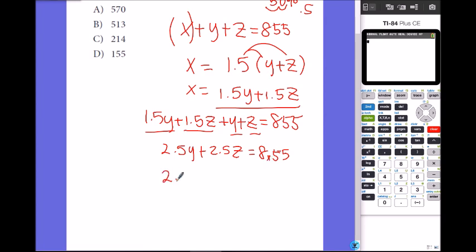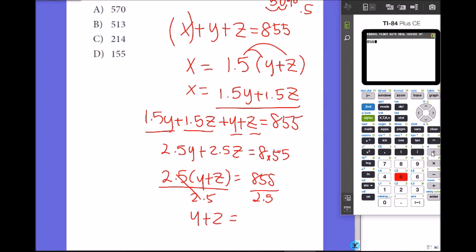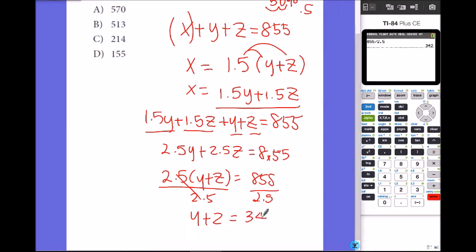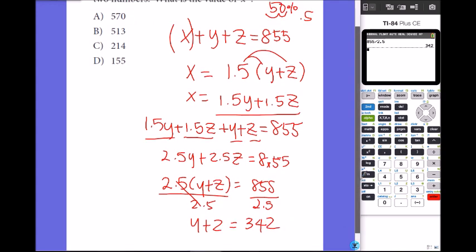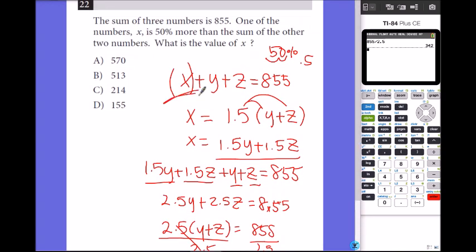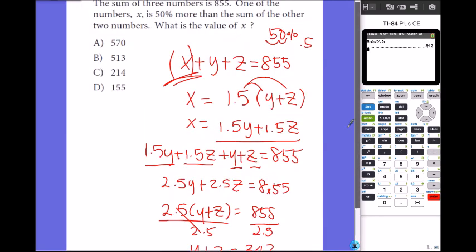So then when you take out 2.5, 2.5 times (Y plus Z) equals 855. So when you divide by 2.5, you get how much Y plus Z is. So 855 divided by 2.5 gives you 342. So what was the question? We are looking for X. And here we just found what Y plus Z is.